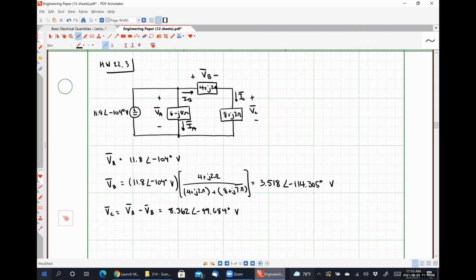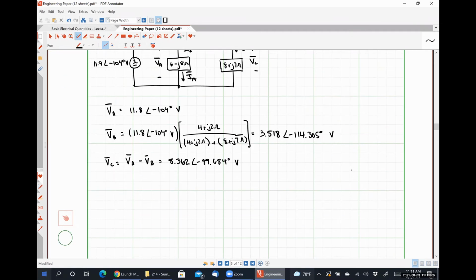Your intention is correct, but Ohm's law says that I should be V divided by Z. So IA would be VA over 6 minus J8, which I get to be 1.180 with an angle of negative 50.870 degrees amps.